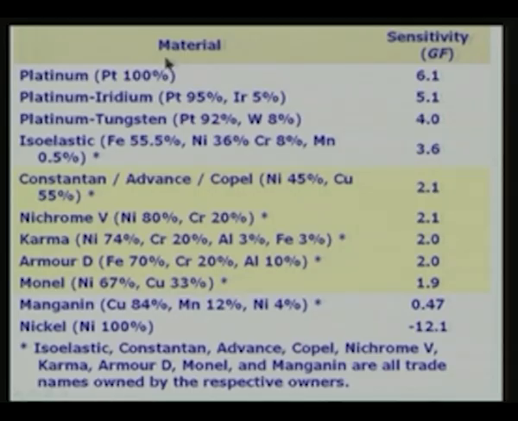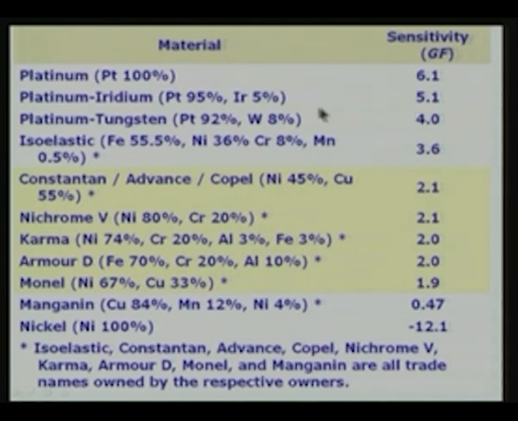Now, let us look at some of the materials which are used in practice, and they are given in the form of a small table. I have taken it from the omega.com website, where this particular table is available. Typical materials, platinum for example, 100% platinum, the sensitivity or gauge factor is 6.1, it is not equal to 2, much larger. Platinum iridium, 95% platinum, 5% iridium.